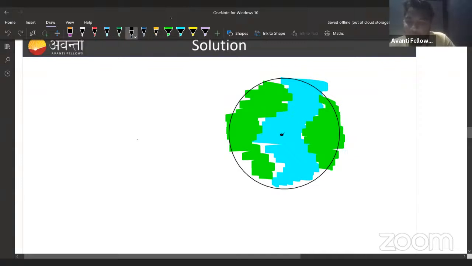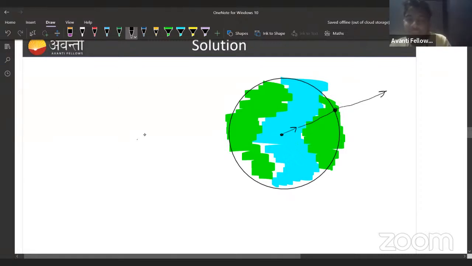As we move away, we know the gravitational force will increase. Yes or no? It will increase, and as we move till the surface, it will increase. And at the surface, it will be maximum, right? As we leave the surface and go beyond, this value will start to decrease.